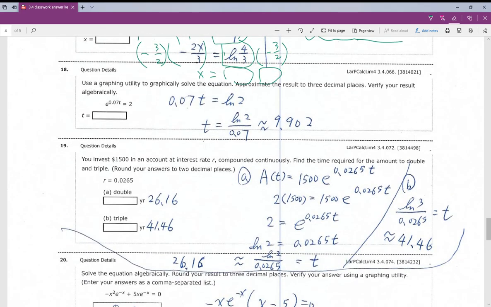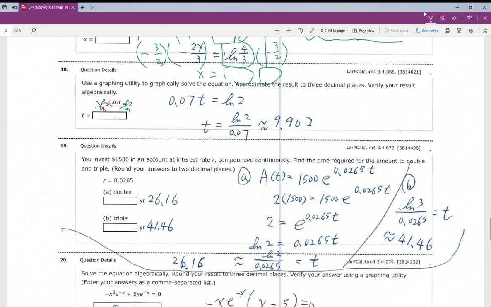Number 18. Number 18, we simply put the ln on both sides and then cancel out. e and ln are always inverse functions.